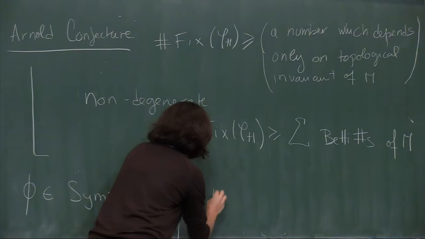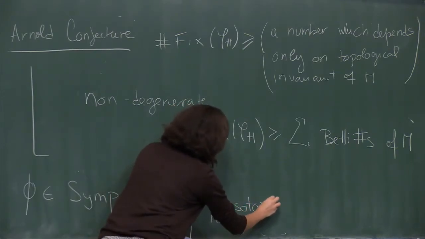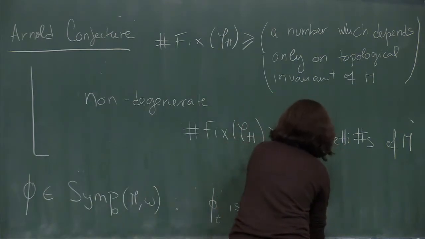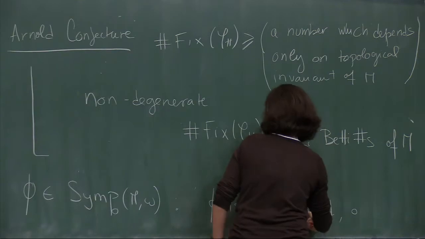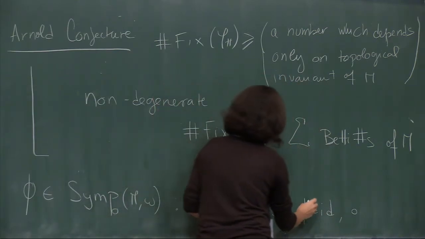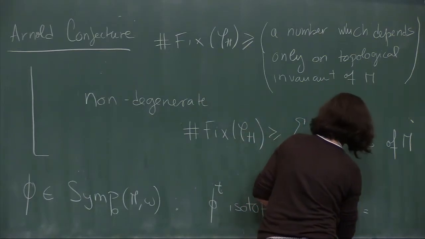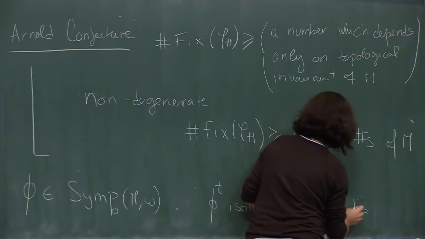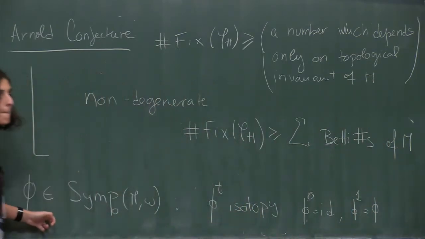So I have an isotopy phi t, so phi 0 is the identity, phi 1 is this phi here.